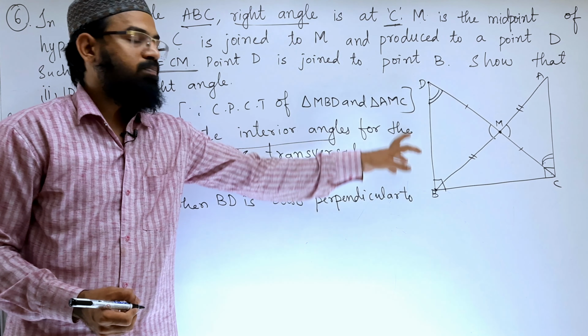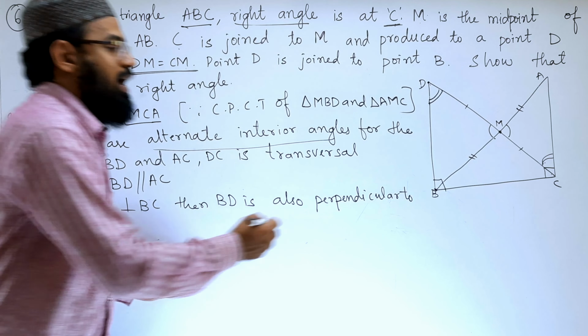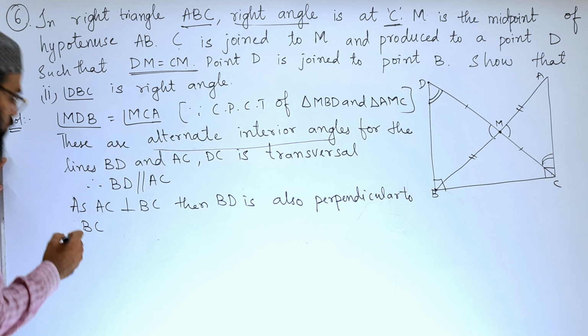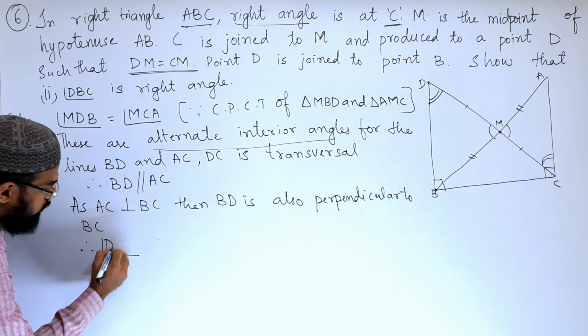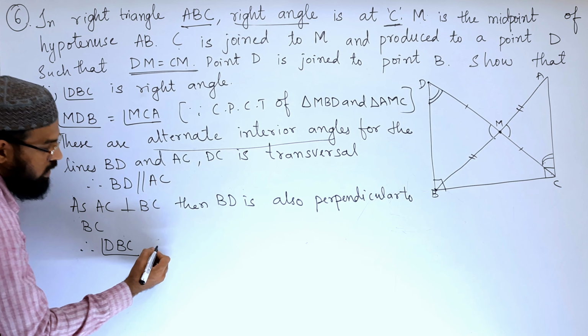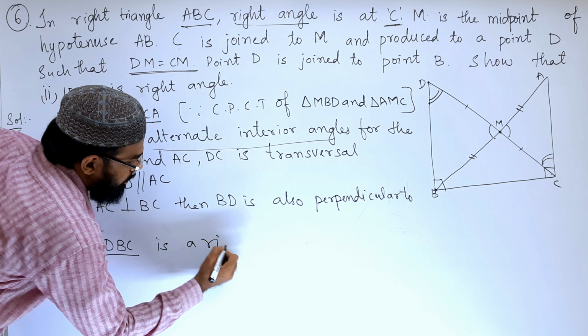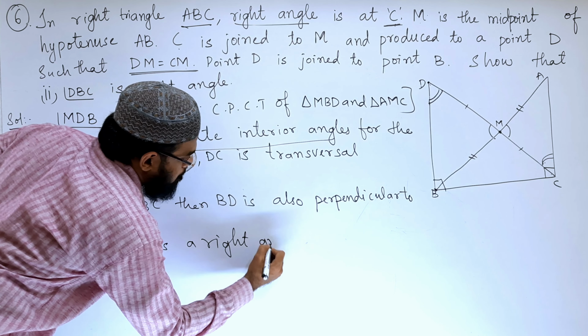When we say perpendicular, this angle will be 90 degrees. So therefore, the angle DBC is a right angle.